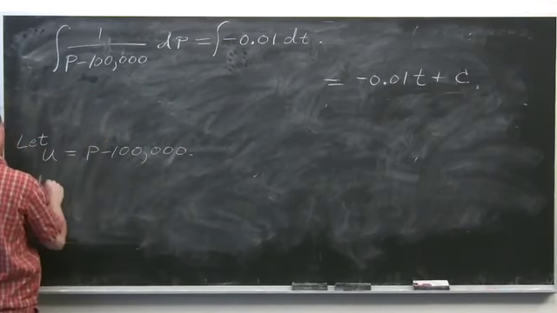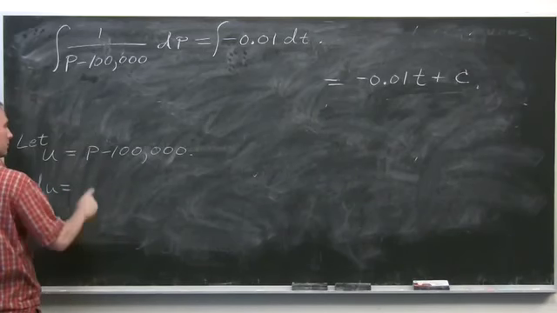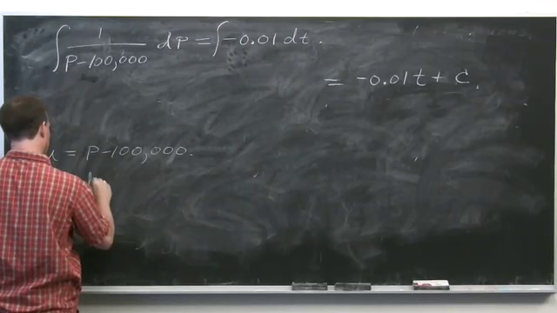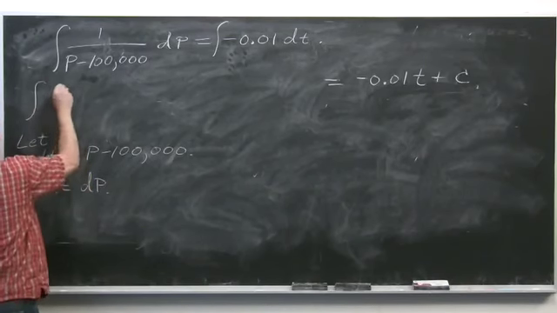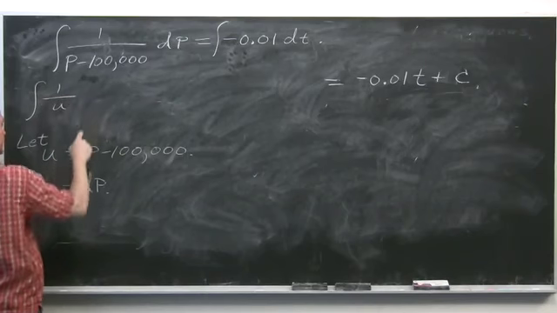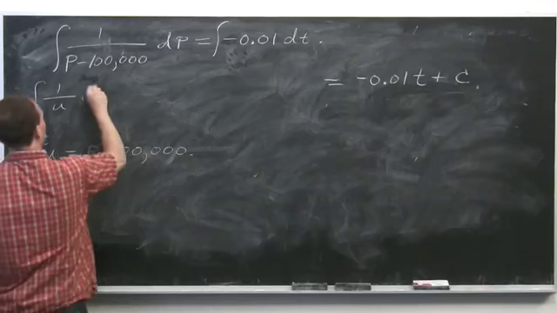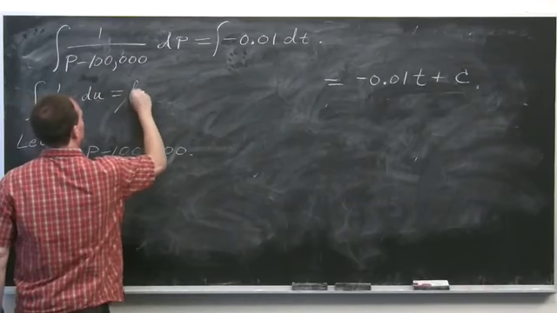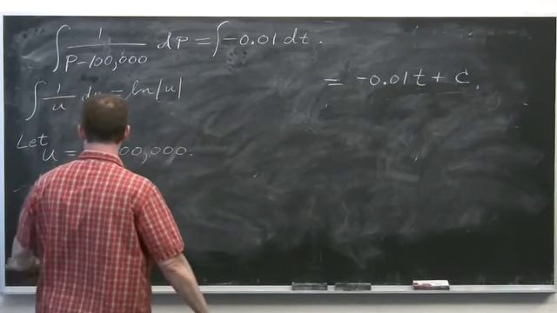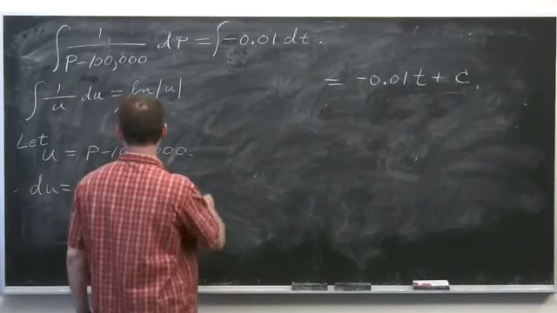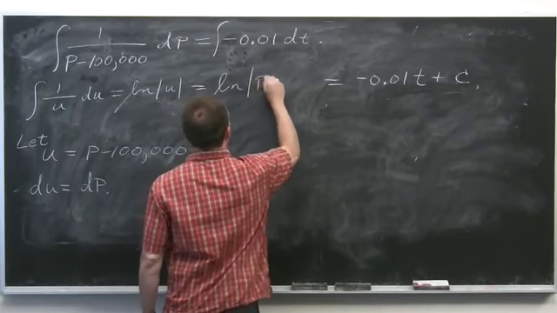Then du is just 1 times dP, so du is dP. And this integral becomes the integral of 1 over u du. So we get the natural log of the absolute value of u. I won't put a plus C here because it's on the other side. And you put back in that u is P minus 100,000, and you quickly get this.